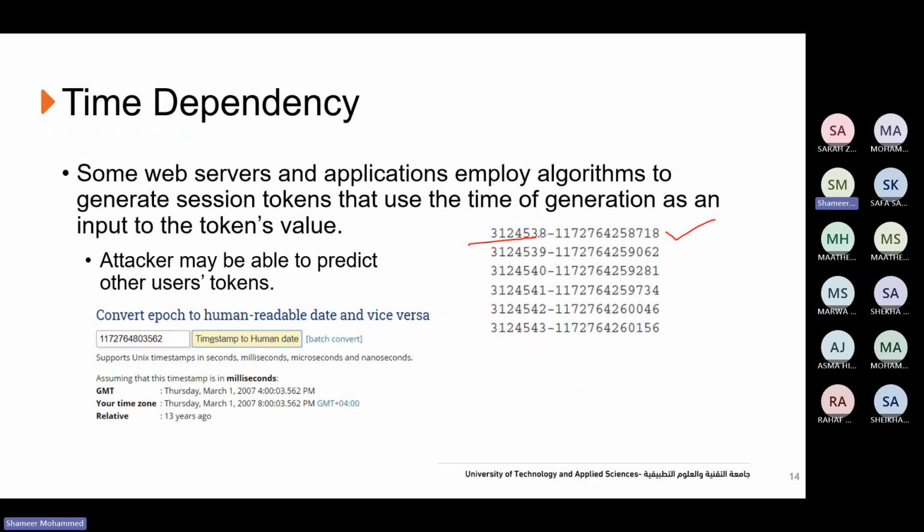This is very risky, insecure. See here, this number is nothing but your time of logging in. When you put this timestamp in and convert it, it will give you Thursday, 1st March 2007. At this time you logged in.